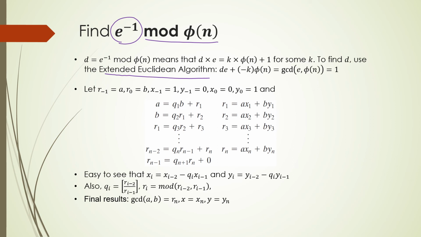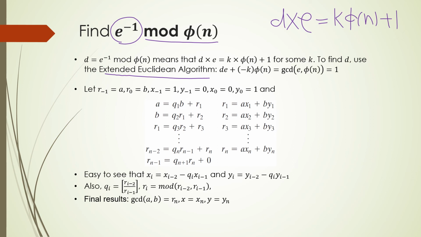The idea is this: because d is equal to e inverse, d times e is going to be equal to a multiple of phi of n, which is k times phi of n, and then added by 1, because the remainder is going to be 1 when you divide it by phi of n.